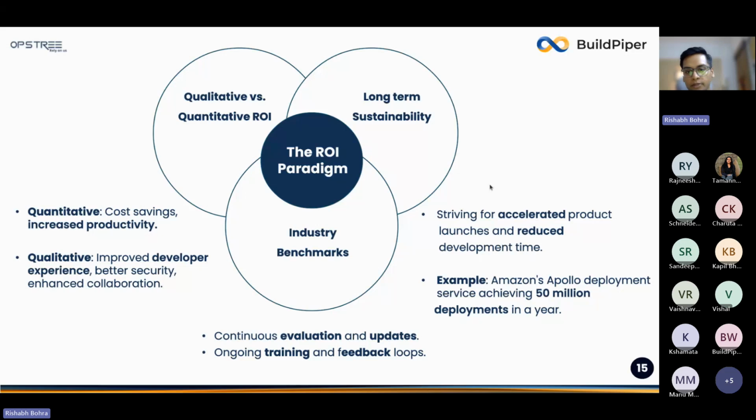For example, one of the customers that we talked about was able to achieve a 10x optimized time to market. So that is the kind of use case that ideally the teams or an organization should strive for whenever they are thinking about using an IDP.